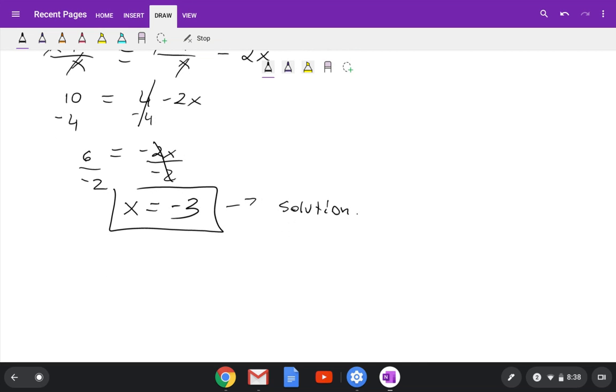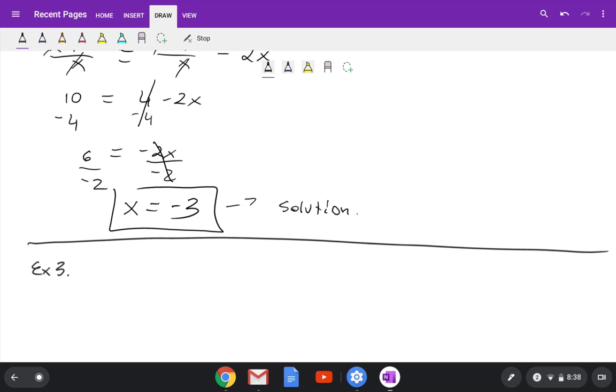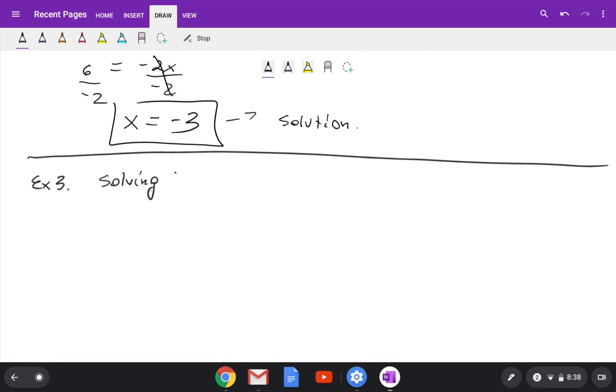Okay, let's talk about example 3. So example 3 will be next: solving formulas involving rational equations.